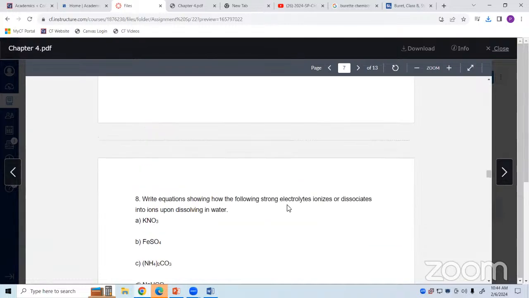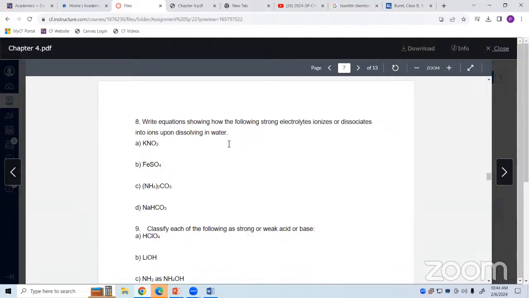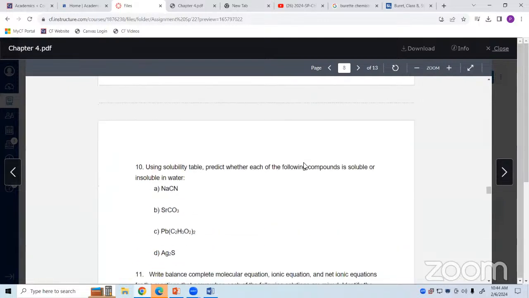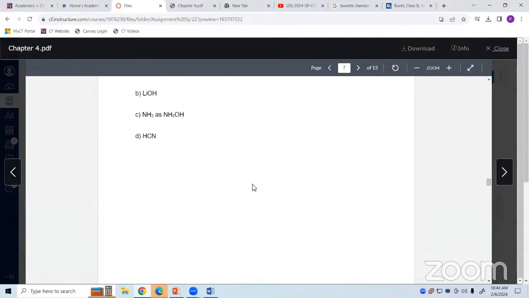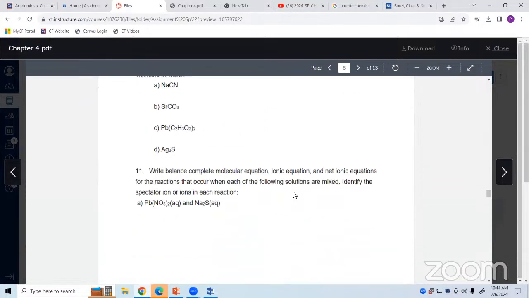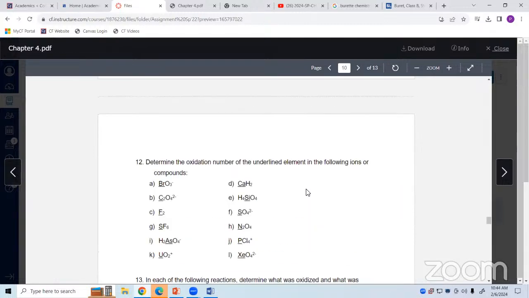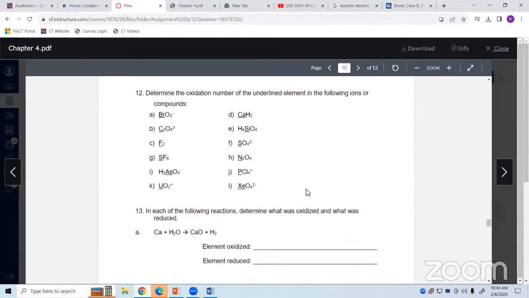The problem is that the questions are out of order according to the topics that we covered. So based on what we have covered so far in assignment 4, you should be able to do number 8, number 9, number 10, number 11, number 12.